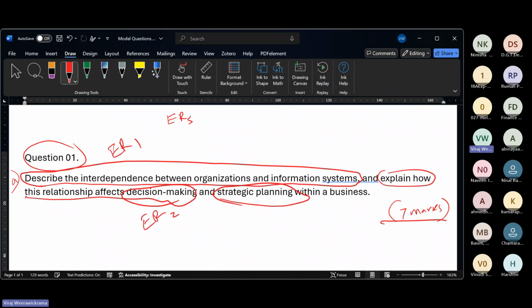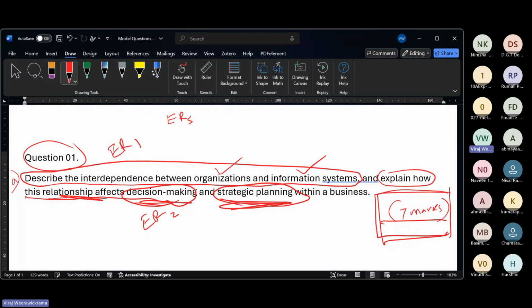Now, there are 2 ERs. First, you have to describe the interdependence between organization and information systems. Second, you have to explain how this relationship affects decision making and strategic planning within the business. Clear? That's how you can start the answer.